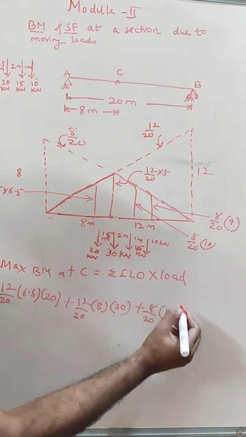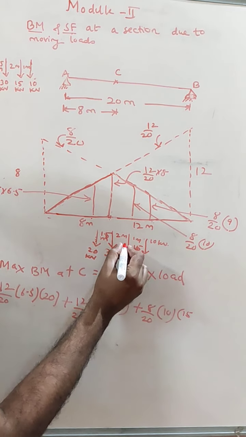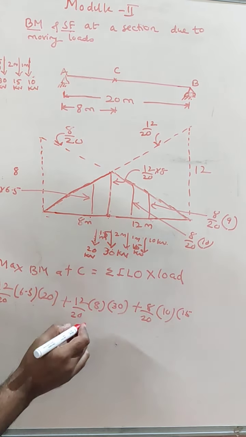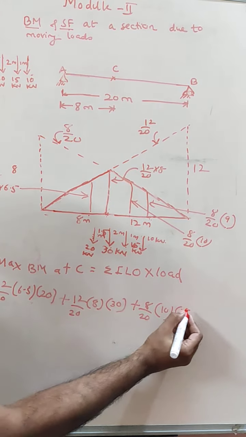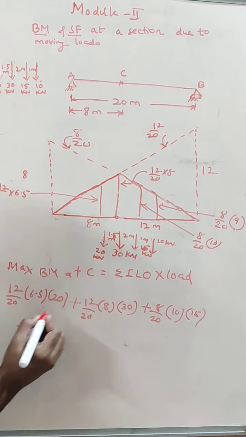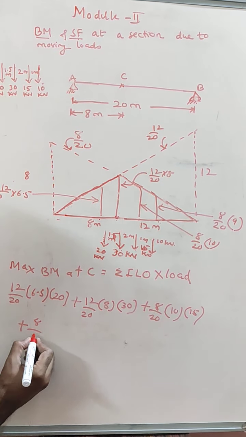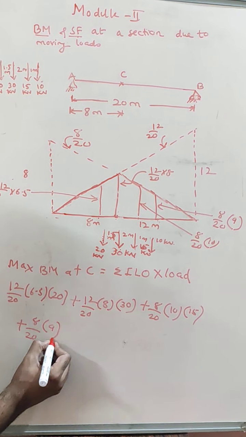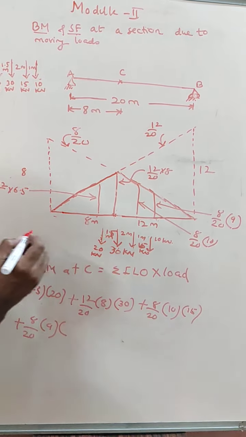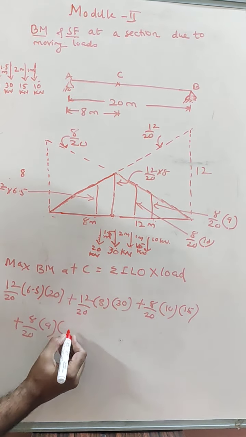This load is 15. Plus the last one, how much? 8 by 20 into 9 into the last load. This load is 10 kilonewton.